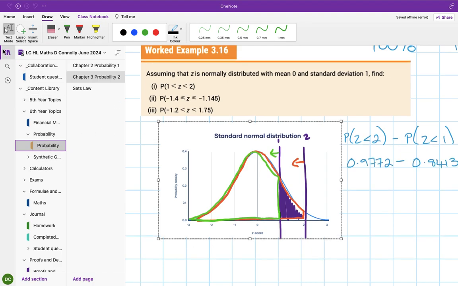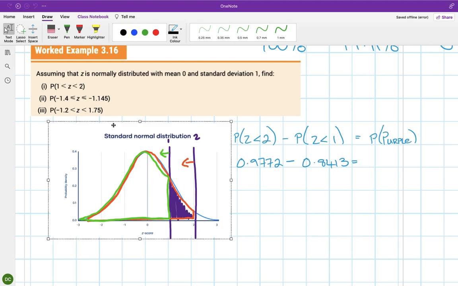So I wrote those in. 0.9772 minus 0.8413. So 0.1359, 13.59%, is the probability of being in between 1 and 2.